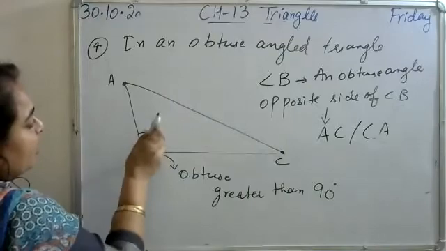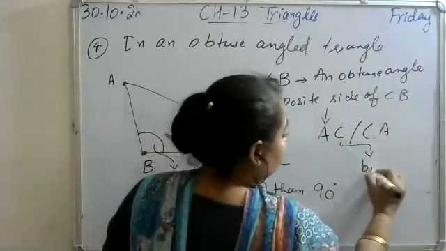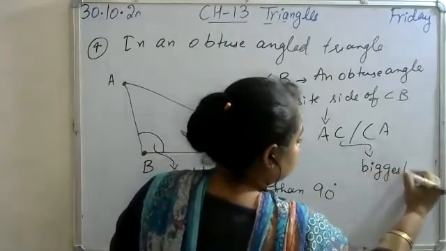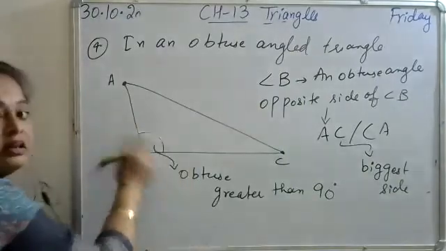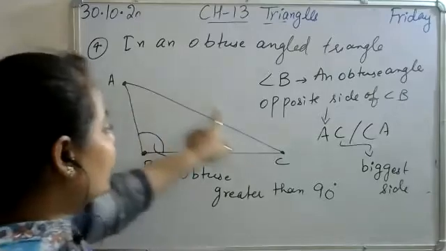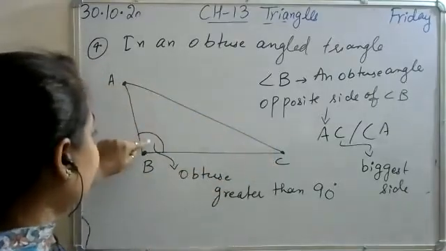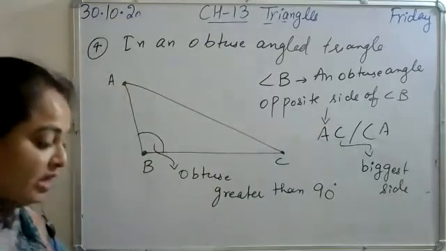This is angle B and this is AC. So this AC is biggest, and the remaining two sides are smaller. And the biggest side is the one which is opposite to the obtuse angle of 90 degree. This is the property. Okay.